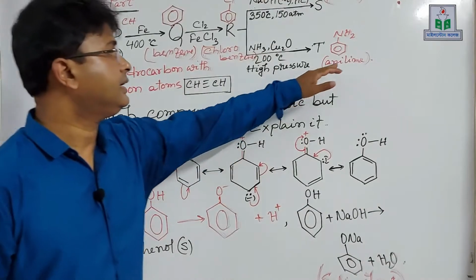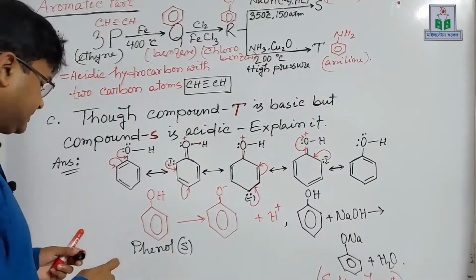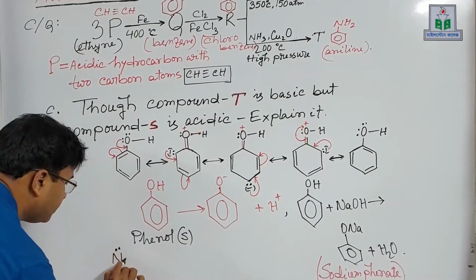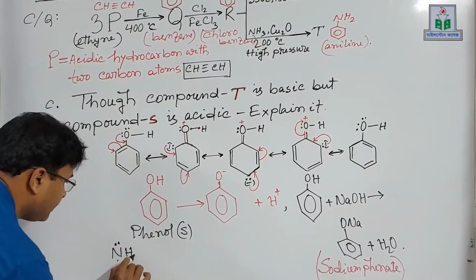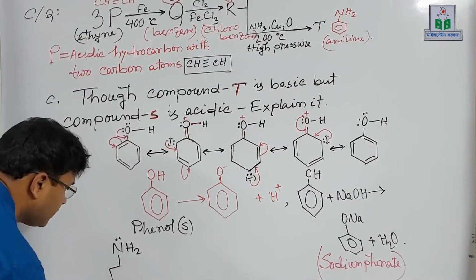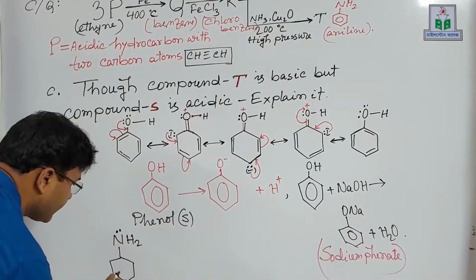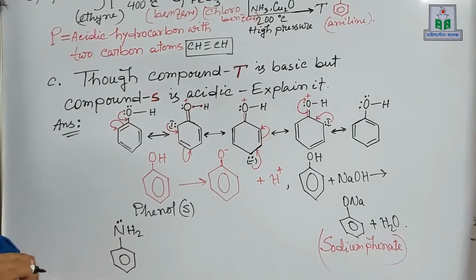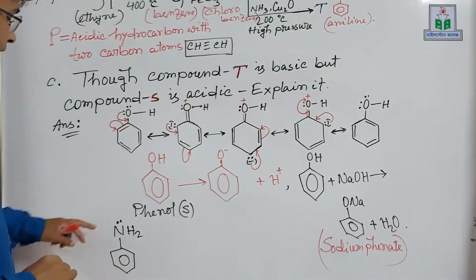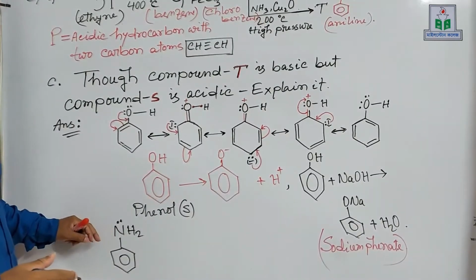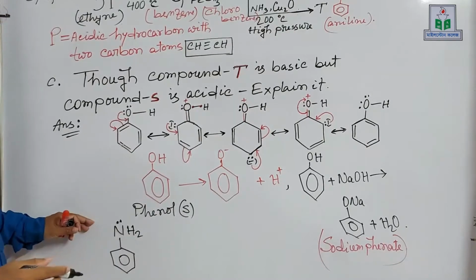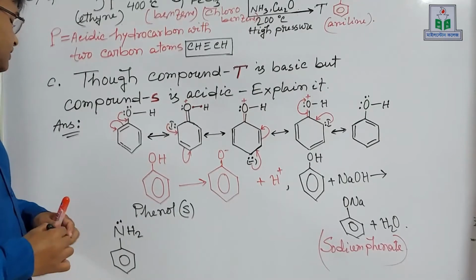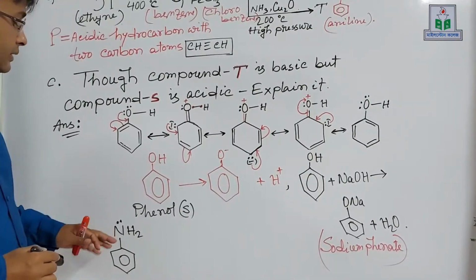Again, aniline is basic in nature because the nitrogen of the amino group of aniline contains a lone pair of electrons. According to the Lewis concept, the chemical substances which can donate a lone pair of electrons to another substance are called base.